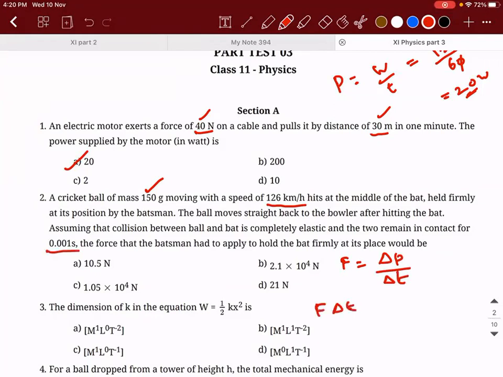So F into delta T is equal to delta P. This is the impulse. Okay. So the ball moves straight back to the bowler, back to the bowler after hitting the bat. But what is the speed with which it is moving? Ball completely elastic.